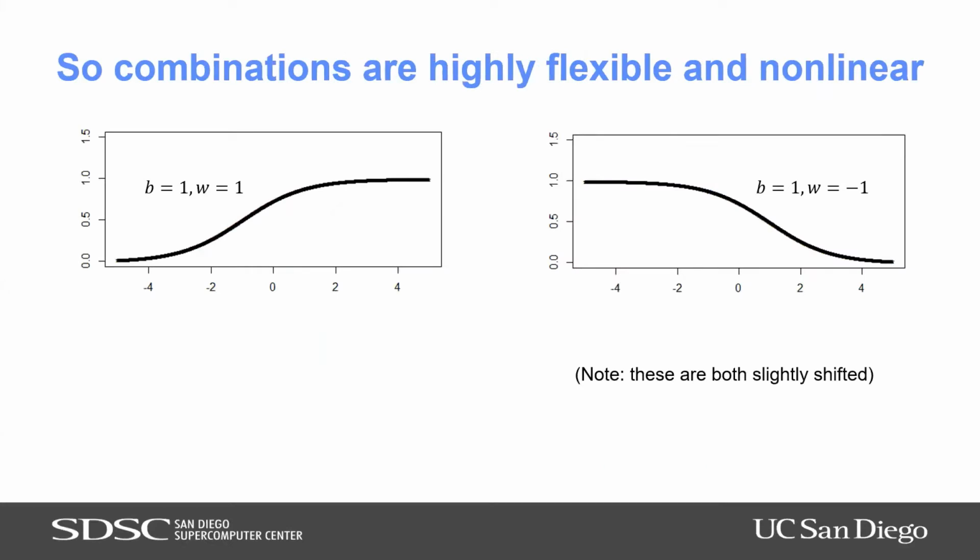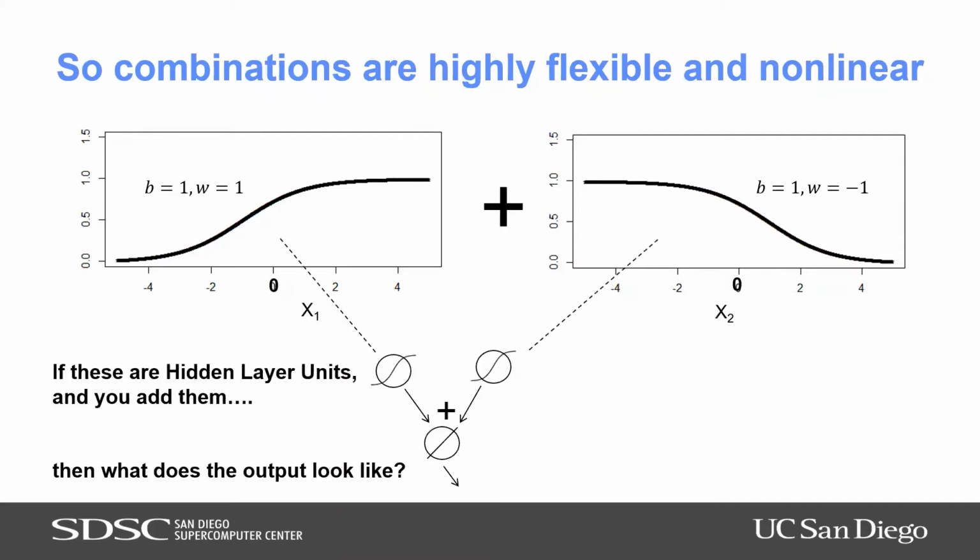And the nice thing, maybe the main trick about a neural network, is that we're going to repeat this function over and over again. We're going to take a lot of units, and we're going to combine them. So imagine I have two different functions, and let's say it's actually working on the same input. Now I can take these functions and add them together.